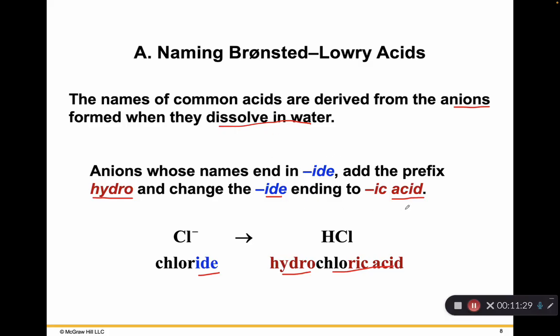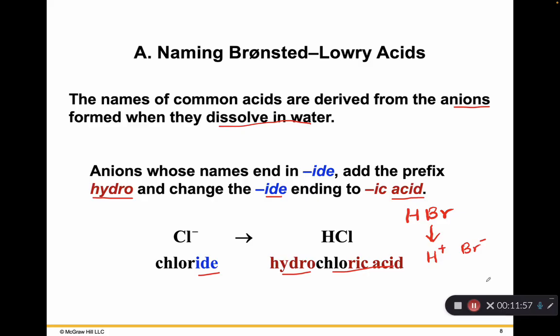If I have something like HBr, you can understand this one has H plus and bromide ion, right? The anion ends with the "ide" suffix, so I make it bromic, and then I have hydrogen here, so I write hydrobromic acid.